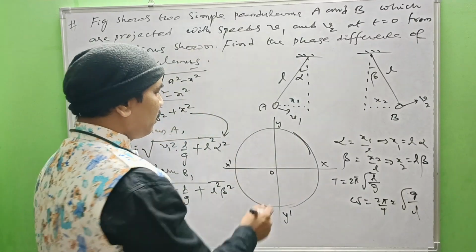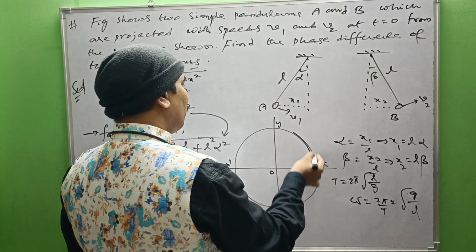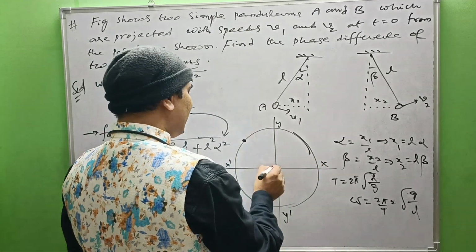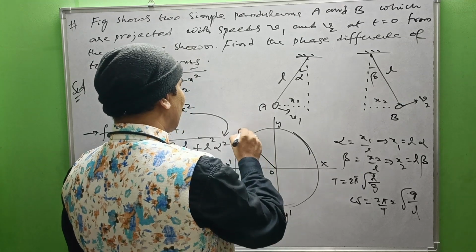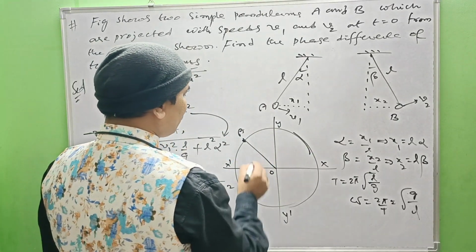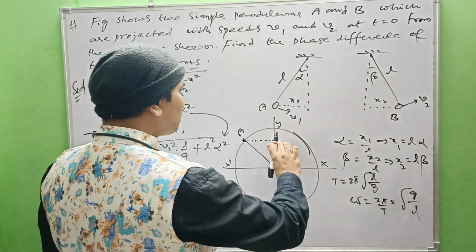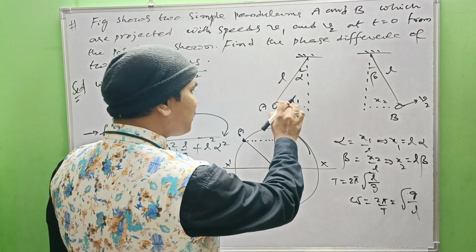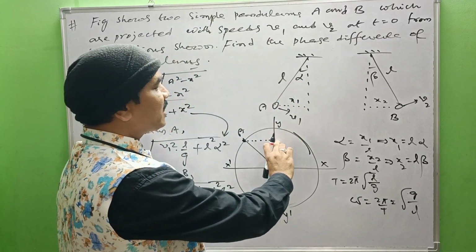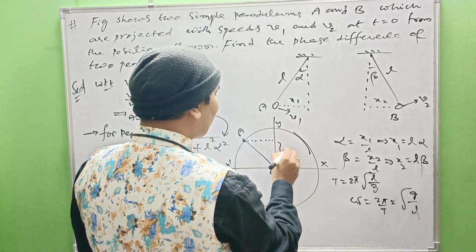If X is the reference, A at a given instant is somewhere here. Now what is the projection on the y-axis here? Projection means displacement, and that is x1, which is L alpha, from here to there.